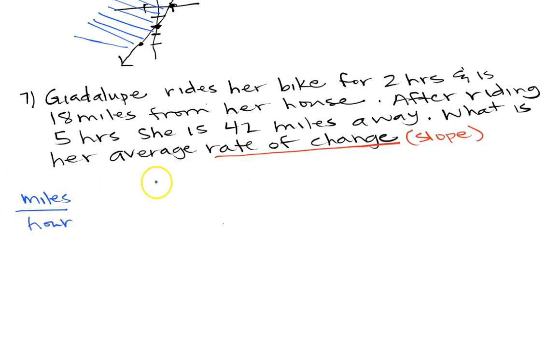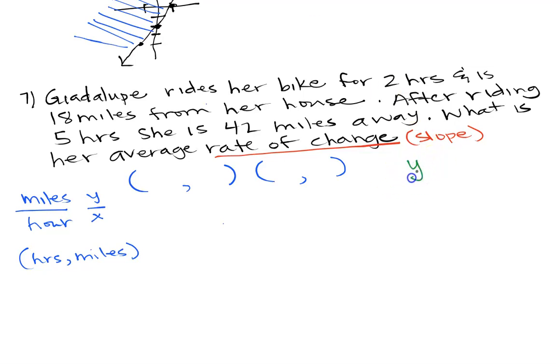And so when I'm writing down my two different points on this, my miles need to be my y's and my hours need to be my x's. Okay, so I should be writing it in the form of hours, comma, miles. Because remember, with our slope formula, let me put that over here too.